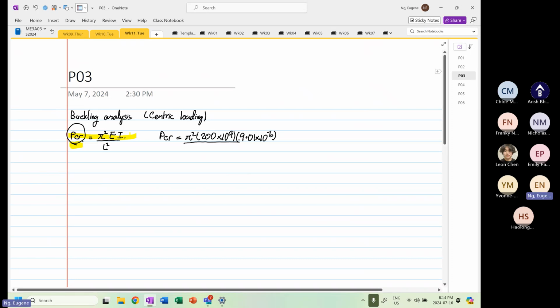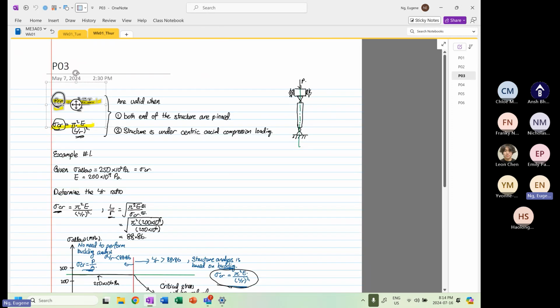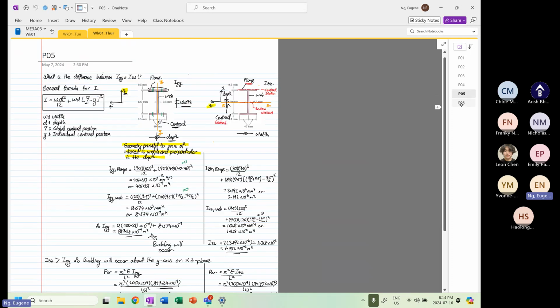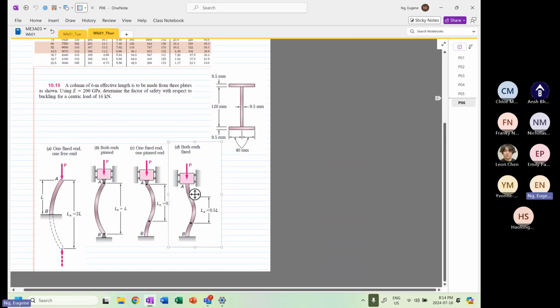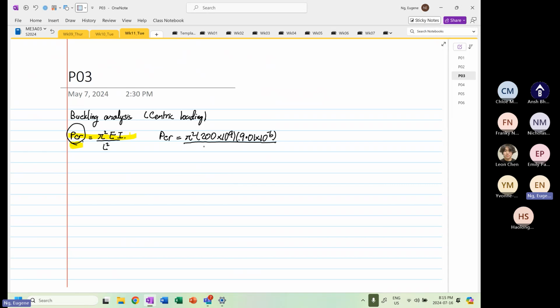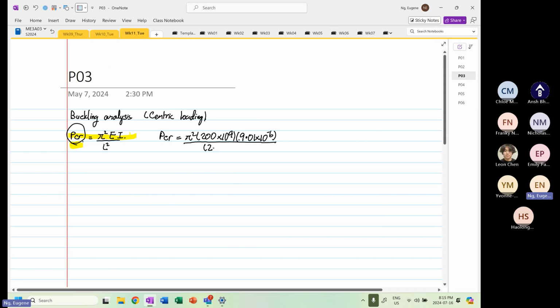And then the L squared: one end is fixed, the other end is free, so the effective length is equal to 2L. So we go back here, we consider 2L squared.